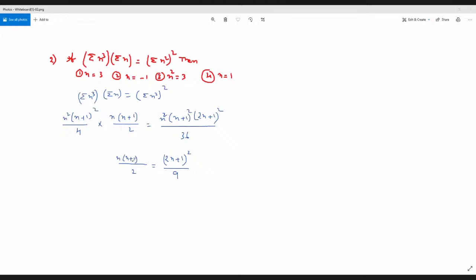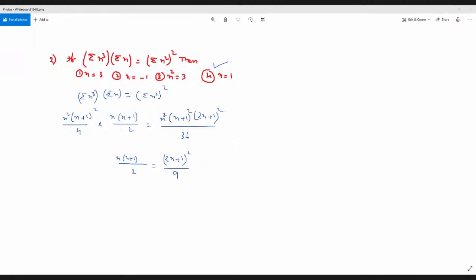If n is equal to 1, consider LHS value 1. RHS value also 3 square by 9. 1 equal to 1, satisfied. Next n is equal to minus 1, substitute. If n equal to minus 1, it means 0 is equal to 0. It is not actually satisfying the condition. Consider n equal to minus 1: LHS is 0, RHS value is 1 by 9. Both are not satisfied.